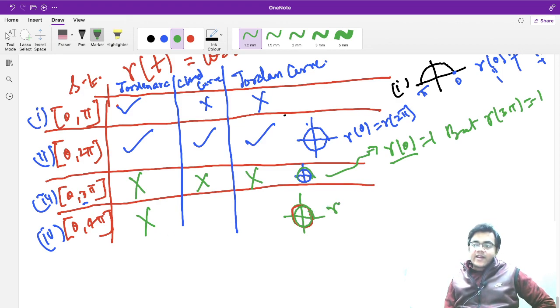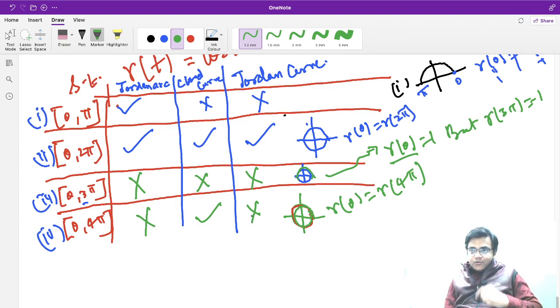But when you find gamma of 0 and gamma of 4 pi, both are equal, e to the power iota 4 pi and e to the power 0 are the same, so you will not hesitate to say yes, it's closed. But as it is not a Jordan arc, you shall say it is not a Jordan curve. So this is a very beautiful diagram that a curve may be a Jordan arc but neither closed nor a Jordan curve.